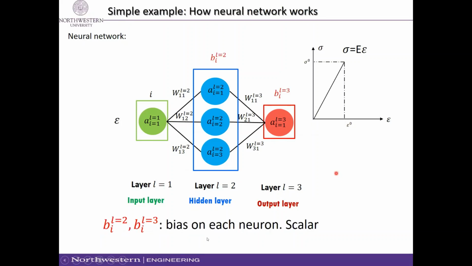So now there is a bias term. You can think of the bias term as an additional term, and weight is a multiplication term. This is the simplest way you can define weights and biases.